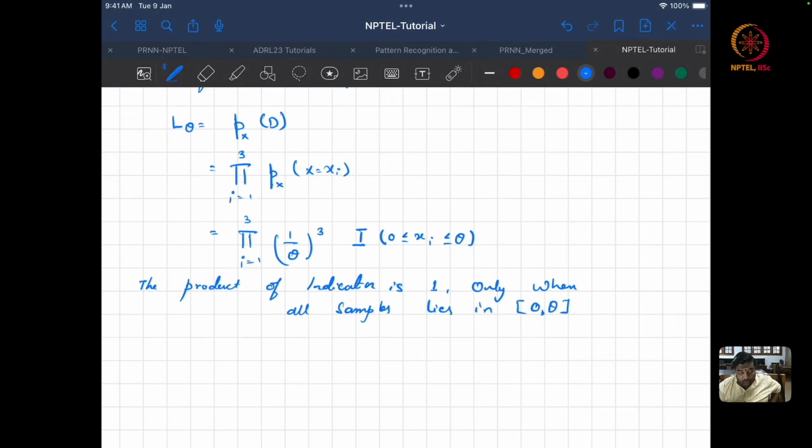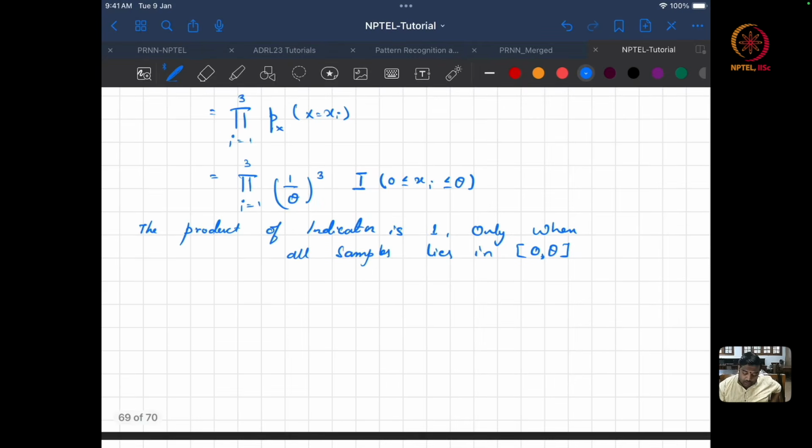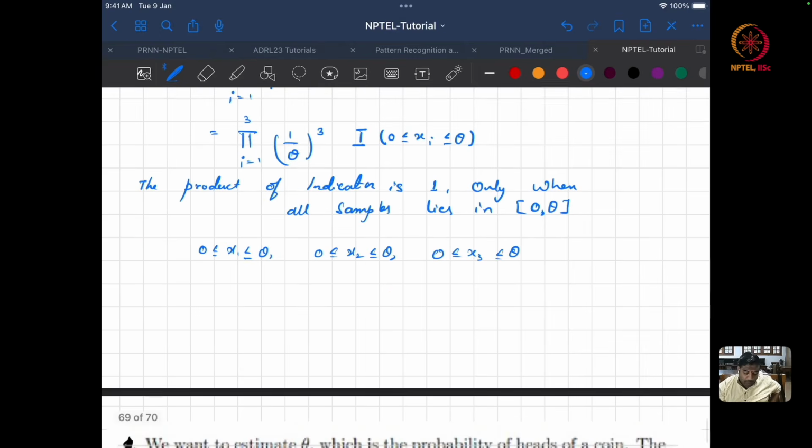All the samples x1, x2, x3 lie in the range. What do we mean by that? 0 less than x1 less than or equal to theta, x2 is also in between 0 and theta, x3 is also in between 0 and theta. That means that theta is greater than or equal to the max of x1, x2, x3. Okay.